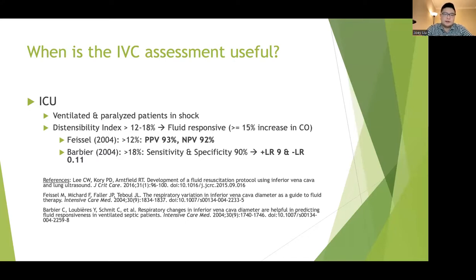In the other study, they said that if it's greater than 18%, they found a positive likelihood ratio of 9 for fluid responsiveness, whereas the negative likelihood ratio of 0.11 is less impressive than the positive likelihood ratio. So in the review article, the overall impression is that if the distensibility is greater than 12 to 18%, the patient is likely to be fluid responsive, leading to a 15% increase in the cardiac output.